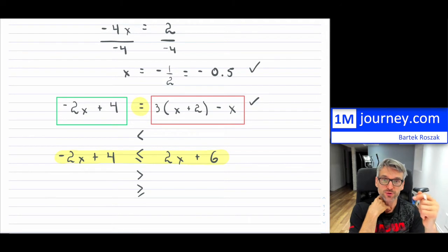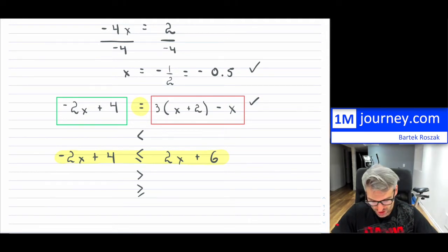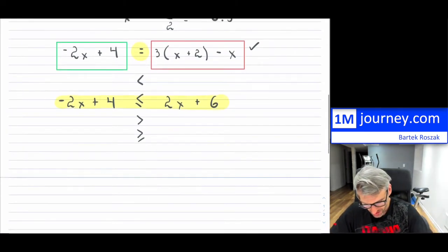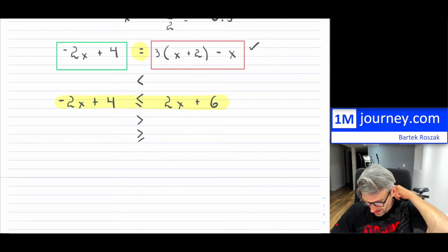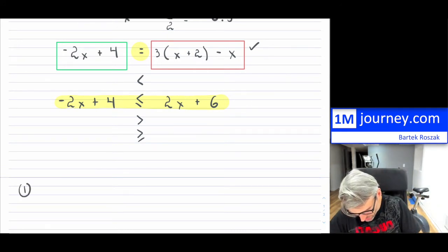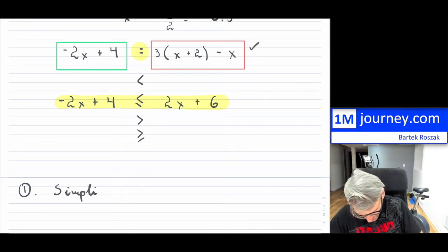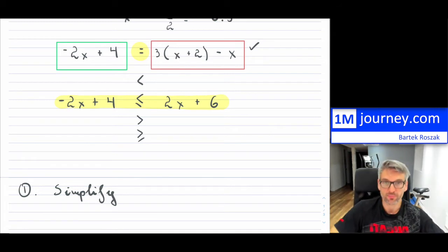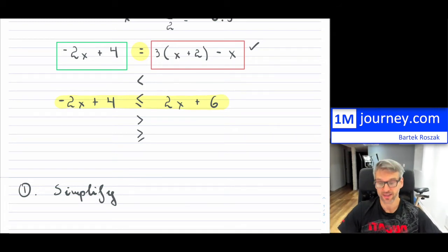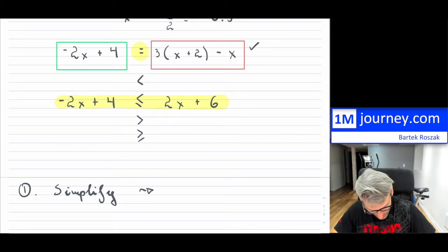Now, before I do this, when we were solving equalities, it basically came down to a few steps. So you basically simplify. That was our step 1. You can simplify your left-hand side and your right-hand side, and put them into the form of mx plus b.